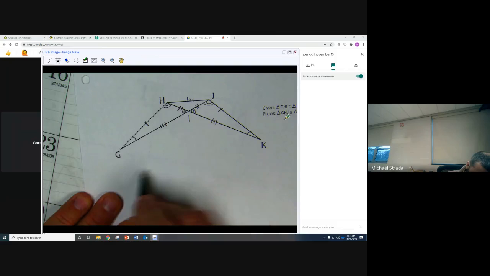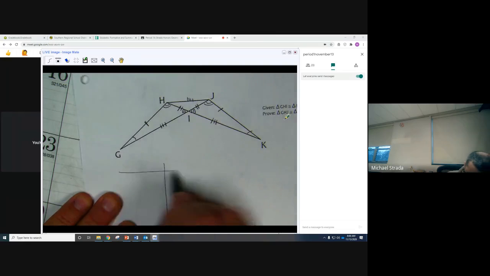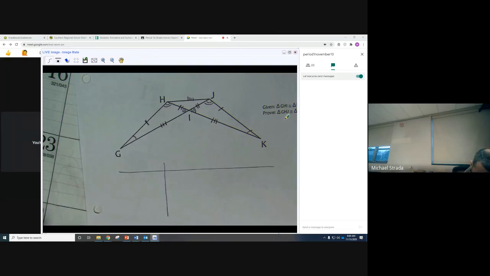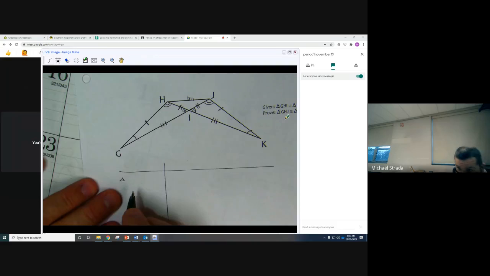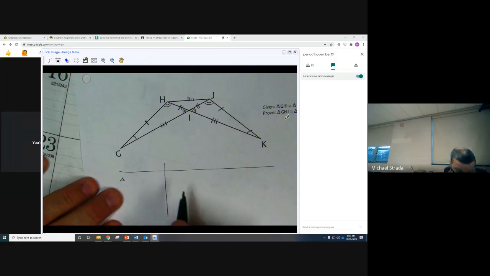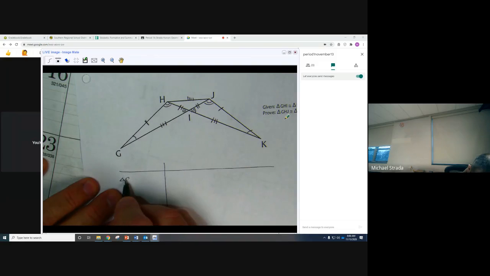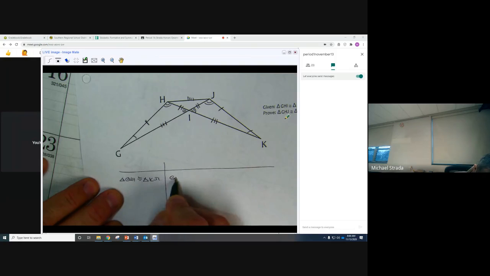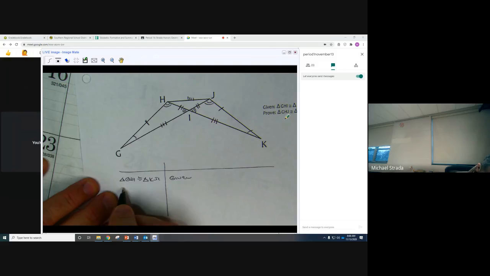So basically, in a nutshell, I'm going to start with the given, which is triangle GHI, and I don't want to make that mistake again, congruent to triangle KJI, given. So I use GH was congruent to KJ.